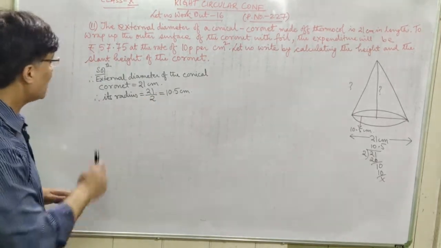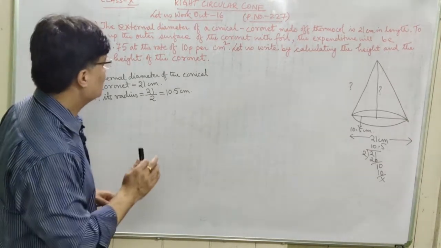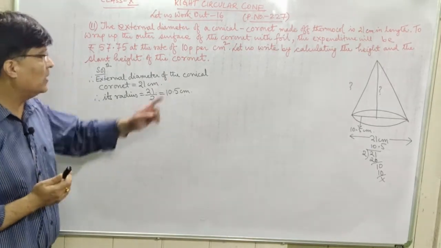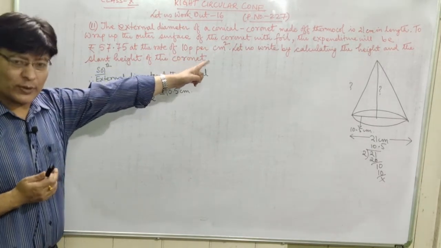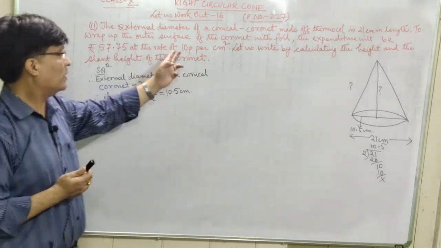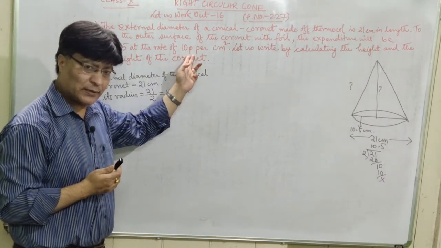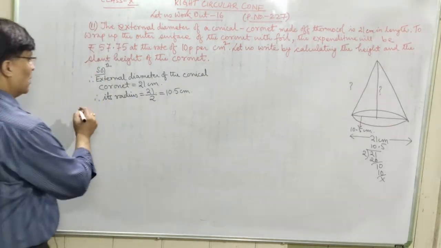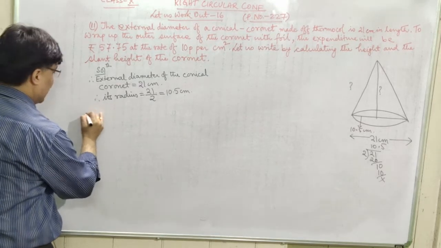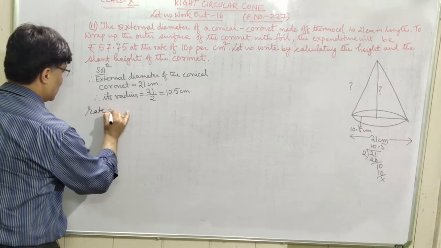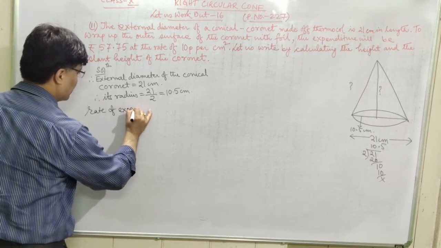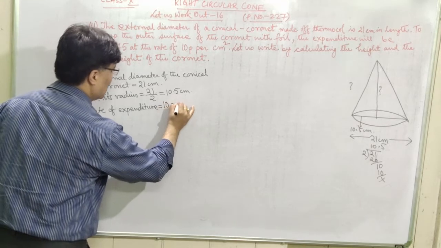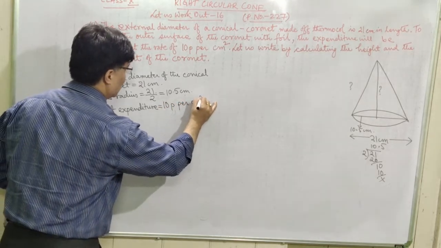Okay. Now in the question it is given that the rate of expenditure for wrapping of the coronet with foil is 10 paise per square centimeter. That means when the cost is 10 paise, then the curved surface area will be 1 centimeter square. Okay. Now rate of expenditure is equal to, how much is that? 10 paise per centimeter square.